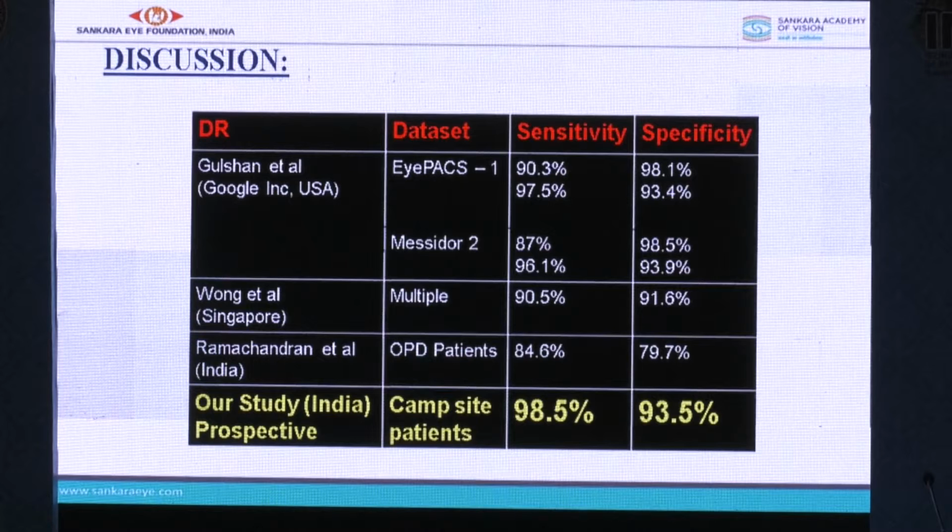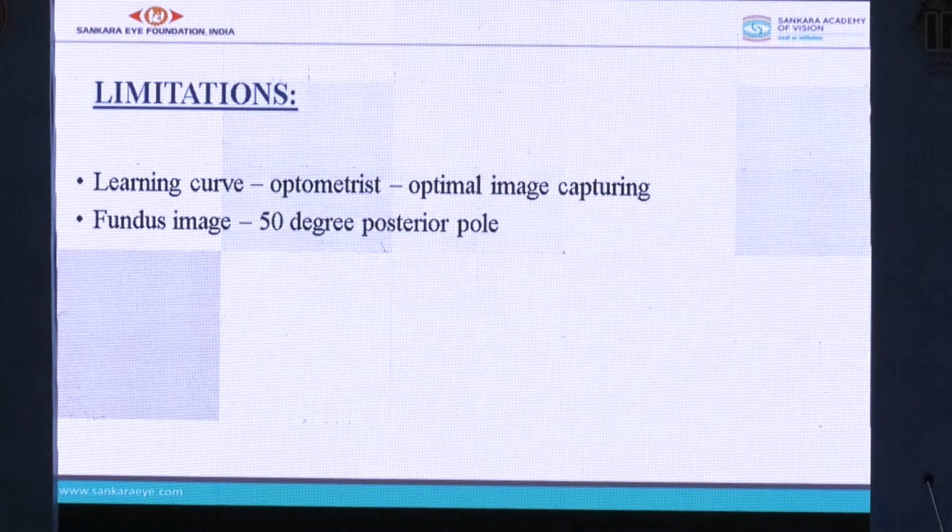Various studies have been done on the utility of AI in DR detection, but ours is the first study where AI has been tested in peripheral centers in a mass screening program for community patients. Our results are quite on par with the published results in the literature.